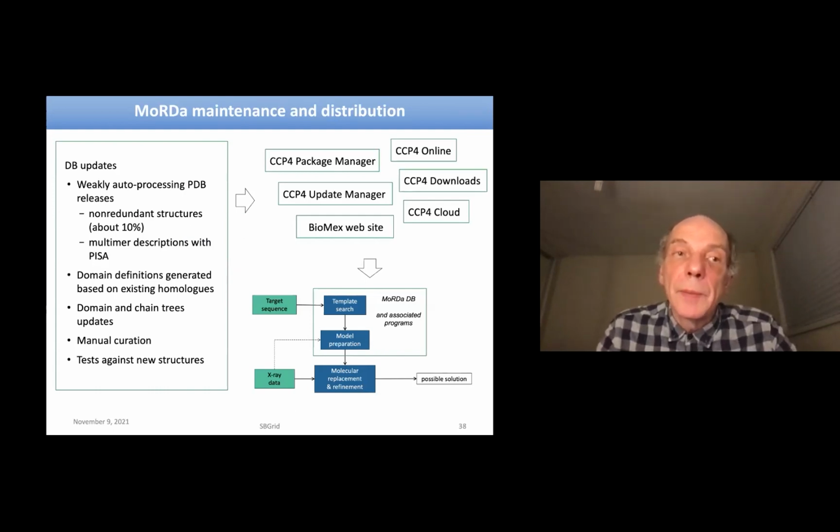Now we will look a little bit at what is behind the scenes. We've got DB updates going on weekly, and that follows PDB releases, from which approximately, on average, 10% is taken into the database, and those are entries that either have quite a different fold or have quite a big RMSD of the whole chain coming from the PDB.